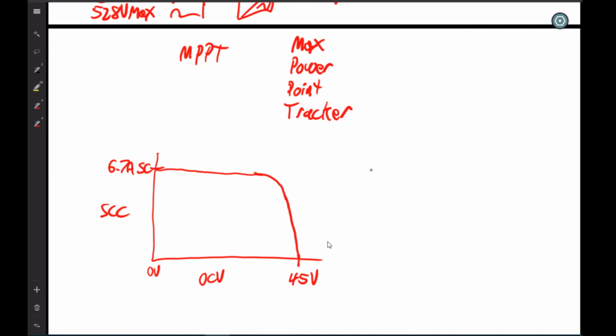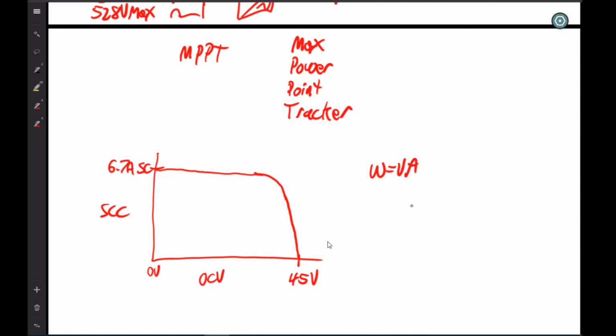Now remember, watts equals volts times amps, especially when you're talking about DC. There is no power factor on DC. The goal is to get the power, the wattage, into the inverter to be converted. So where is the peak power?